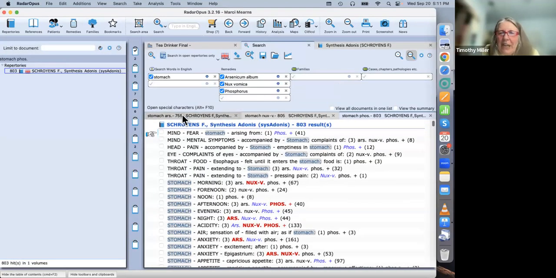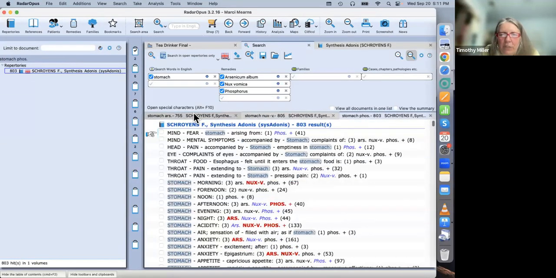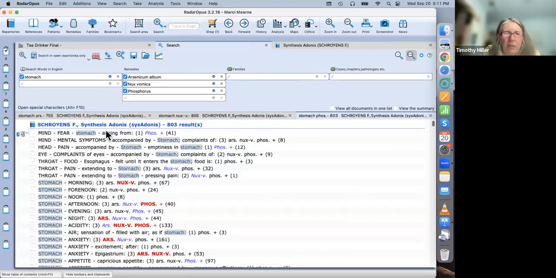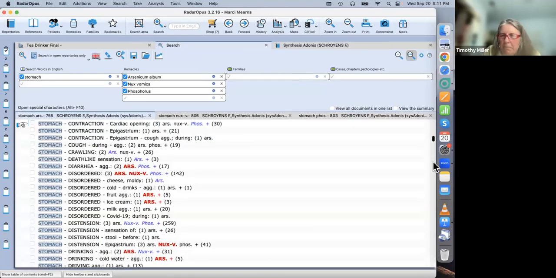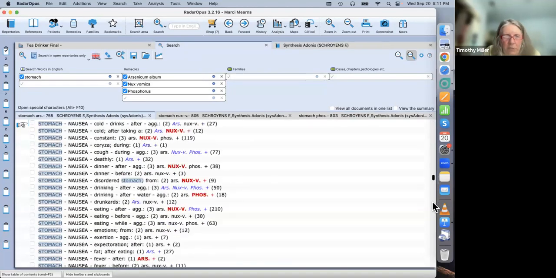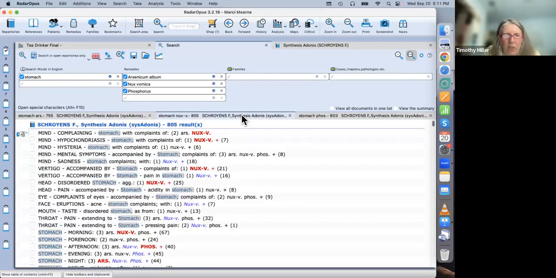Okay. So notice, you see where I'm clicking and I've got 3 different tabs. Let me hide this table of contents so we have a little more room to work with. See, it says stomach and arsenicum. And here are 755 symptoms of arsenicum in the stomach. All right. Here are our nux vomica symptoms.